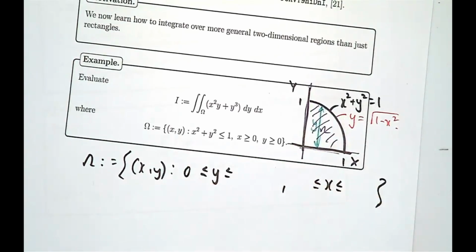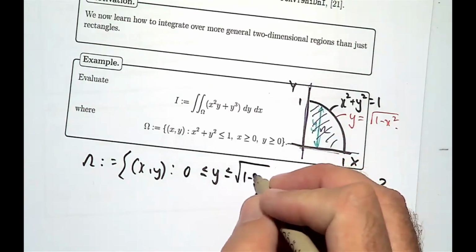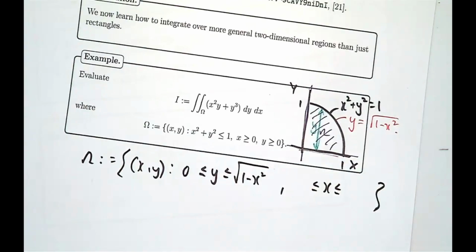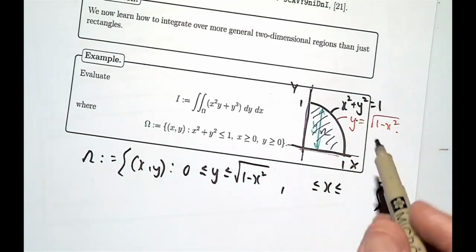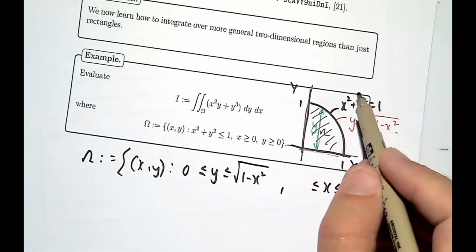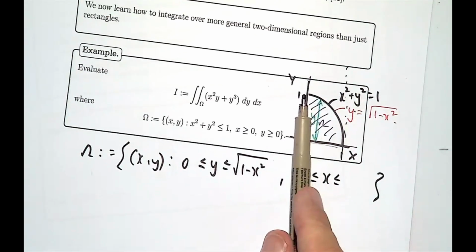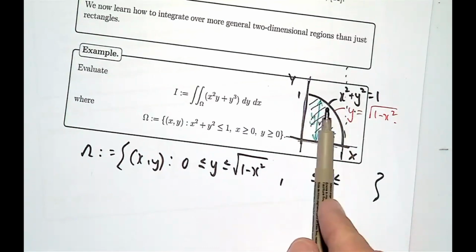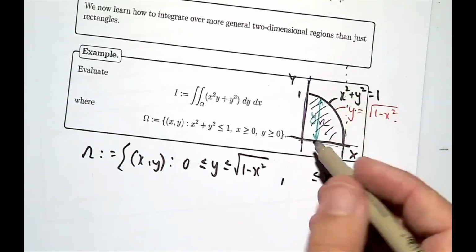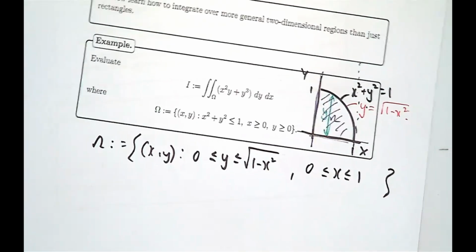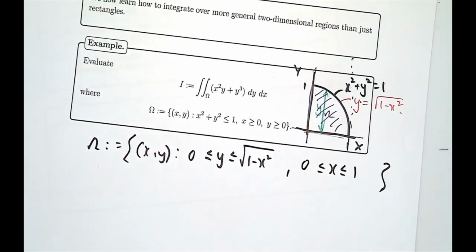Okay, and what about x? Well, x is fine. X is going to be between two parallel lines. We go from here over to here, but no more. So in this setup, we can write it like this. Now, you will be expected to take regions like this and describe them using these inequality signs.